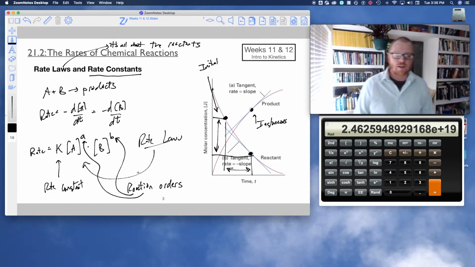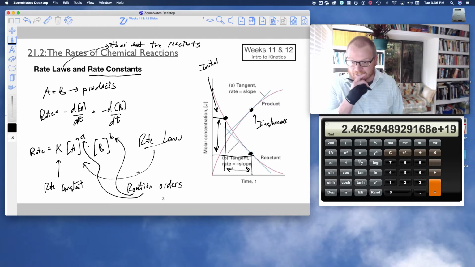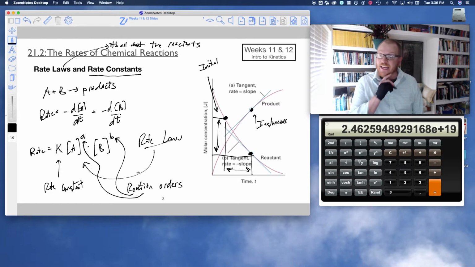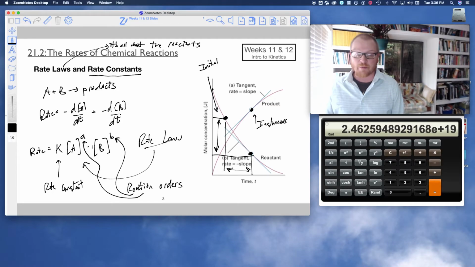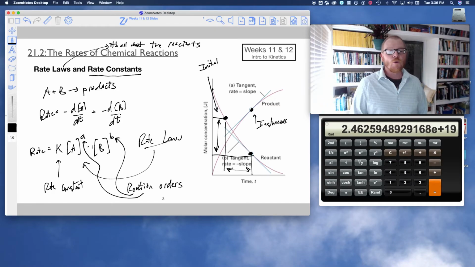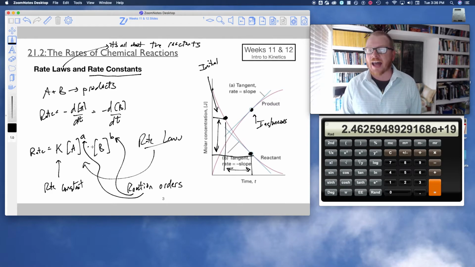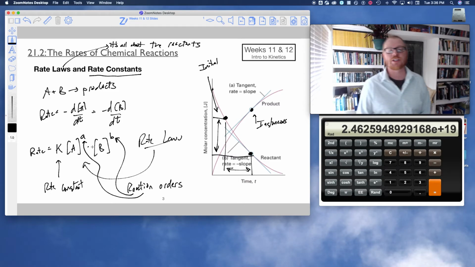And this is the complicated thing of kinetics. In equilibrium, we often just look at the stoichiometry and we get what those coefficients should be. They are the stoichiometric coefficients. Reaction orders are not necessarily the stoichiometric coefficients, okay? As it turns out, they are the stoichiometric coefficients when you have an elementary or a fundamental step, okay?